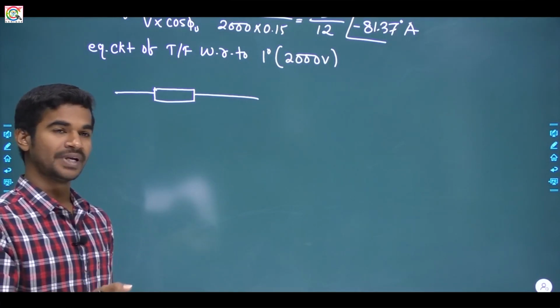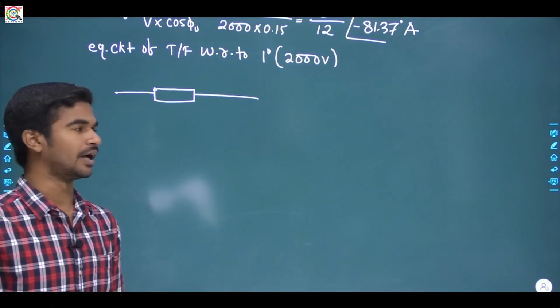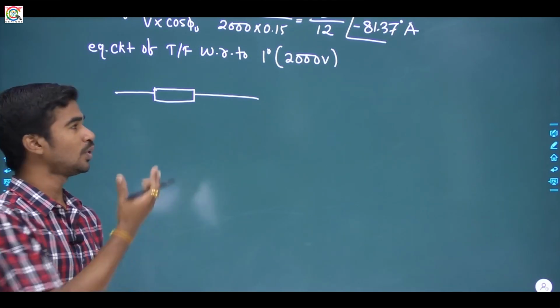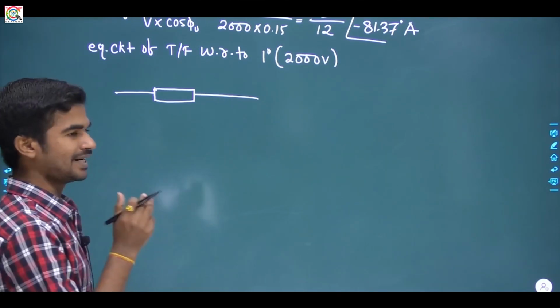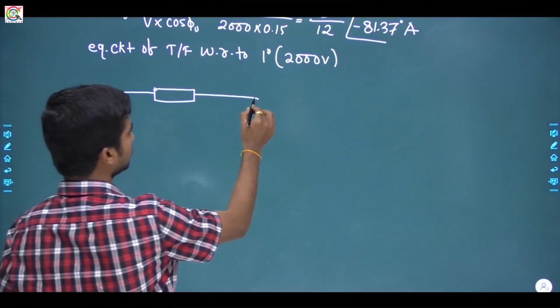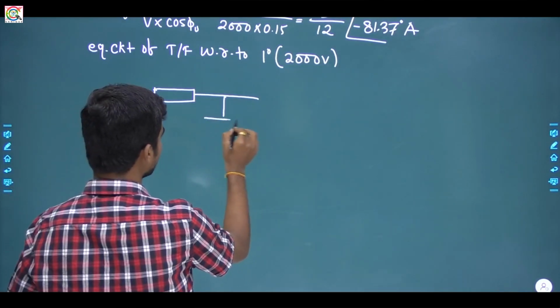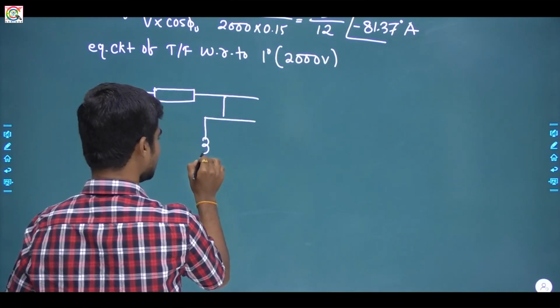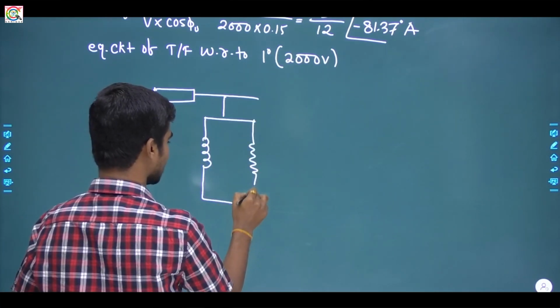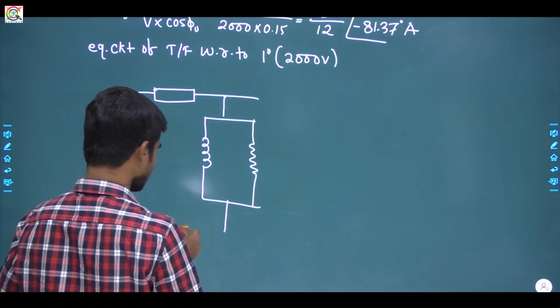If it were an ideal transformer, then it would have no leakage impedance. But this is a case of a practical transformer, so obviously we have to consider the leakage impedance also. And this is your shunt branch. Okay?